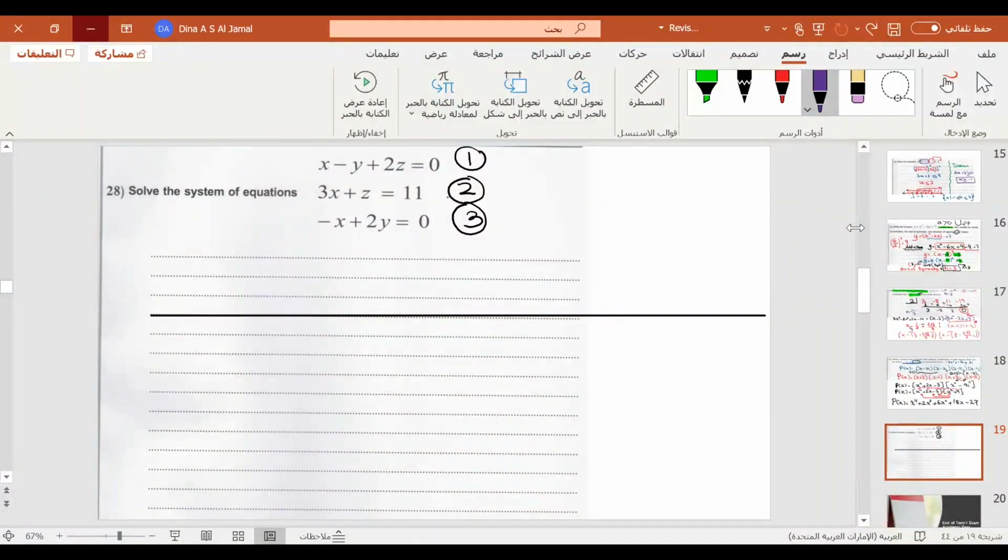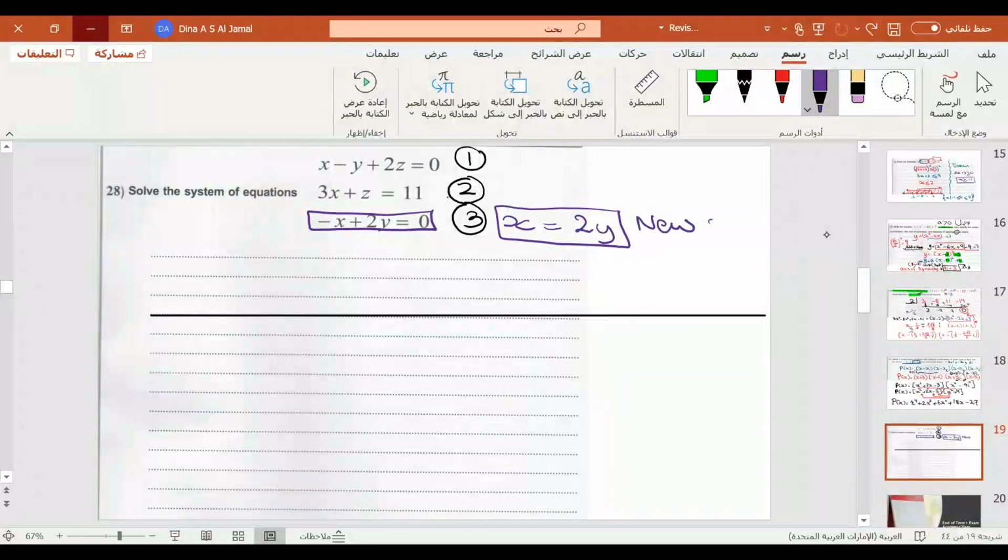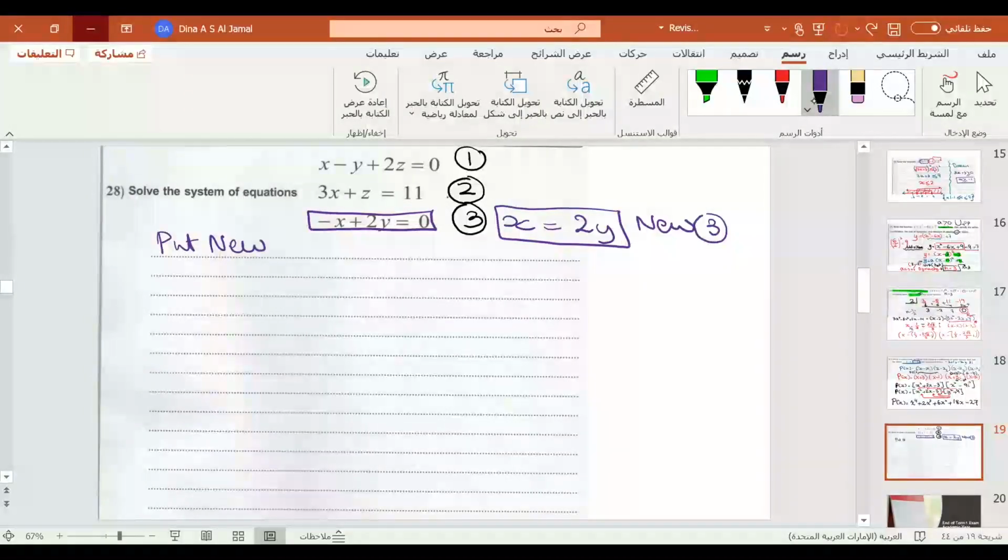So one of these ways to solve it, focus on the third one. If you move x to the other side, you will be leaving your x alone. So this will be helpful for you for the substitution. So this is your new equation 3. So you will put your new equation 3 inside 1 and 2.